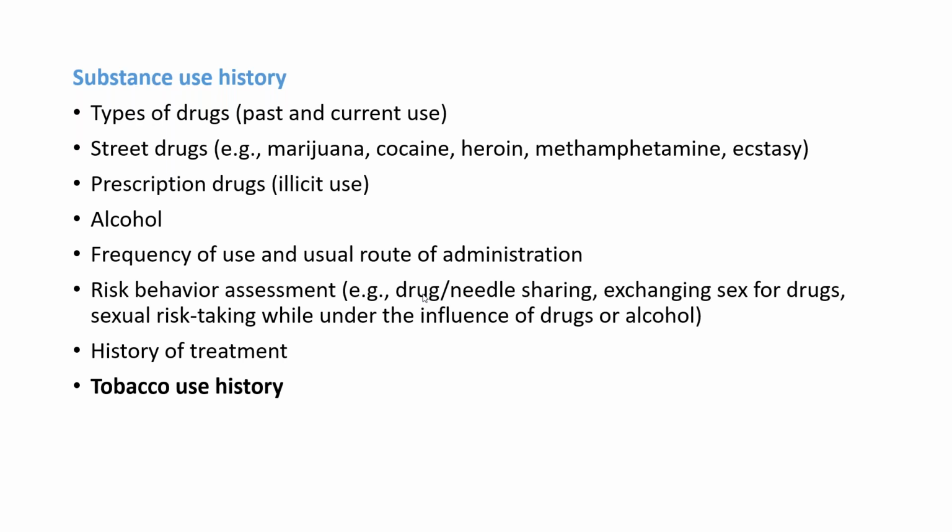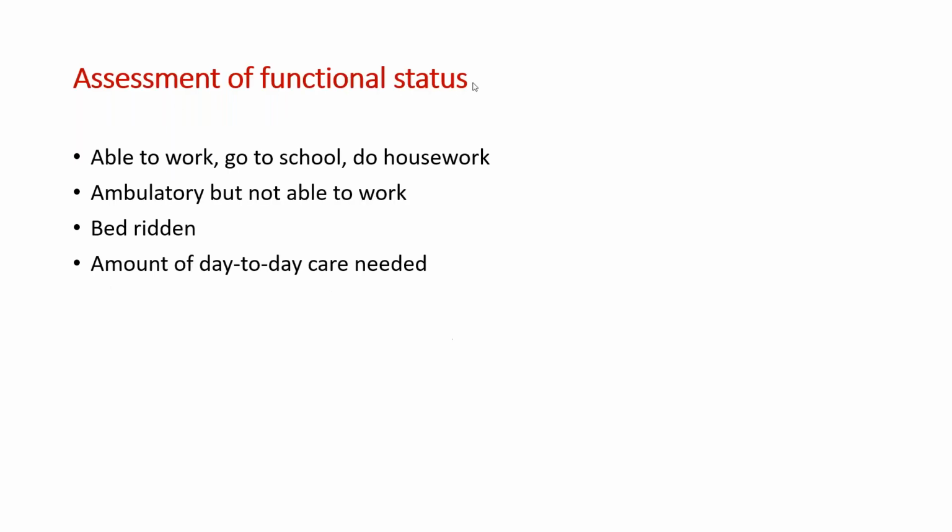There are programs within the National AIDS Control Organization which at least try to get patients off their IV drug use to oral substitution treatment. So OST clinics, which help patients move from IV drugs to oral drugs, is something that is called opiate substitution treatment, and OST clinics are working together with HIV clinics all across the country.